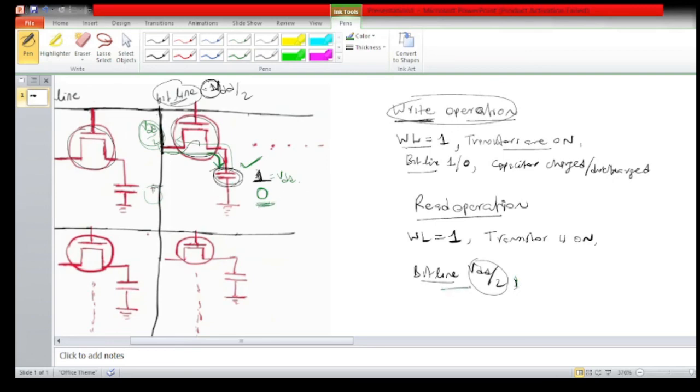So according to the state of the capacitor, we can understand the state of the memory, whether it is 1 or 0.